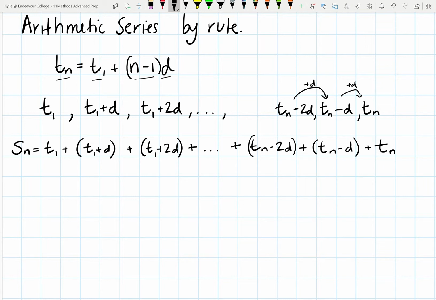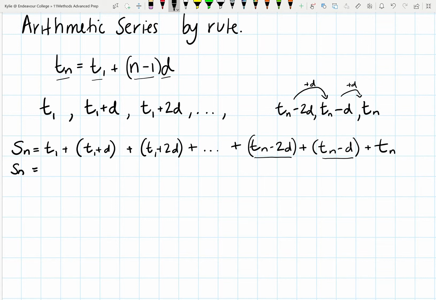Now, because we're just adding all of these things together, we can write them in any order that we want and it doesn't make any difference, except that we have to keep these terms in brackets because we've got subtractions. So what I'm going to do is just rewrite the entire thing in reverse directly underneath, and it'll become apparent why in a minute.